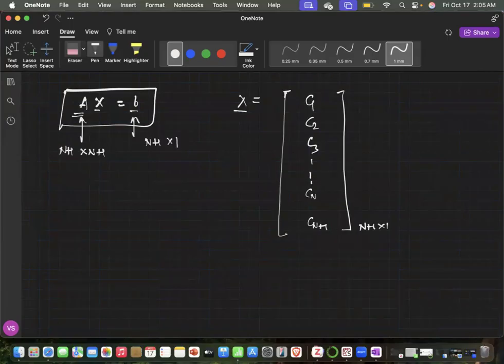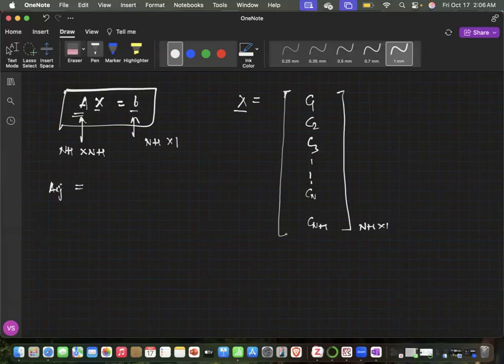And the rows of A. So the rows of A are going to be coefficients of Ci. So let's say if I have Aij, that means we are talking about the ith row and the jth column.